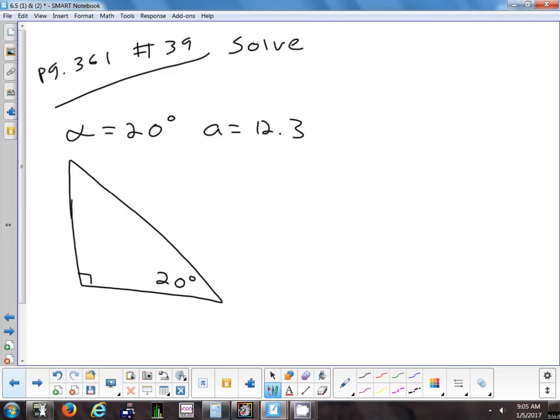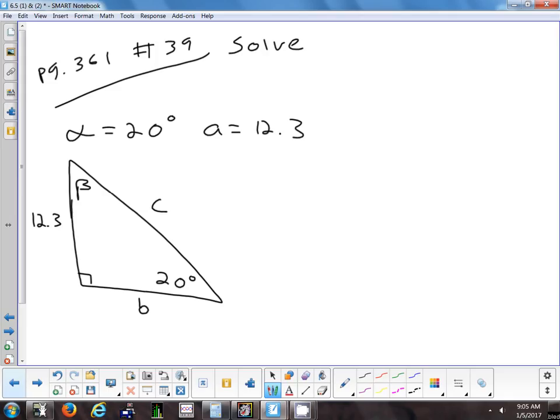A and alpha have to be opposite. So now this is the 12.3. And that means if this angle at the bottom is alpha, the one at the top is beta. And the name of the side across from beta, John, is what? B. Okay, so now we've got everything labeled.